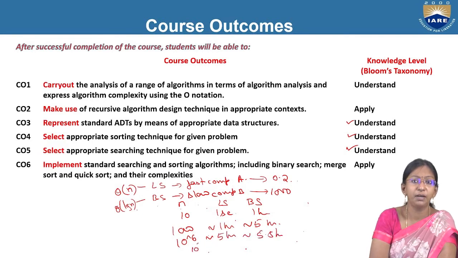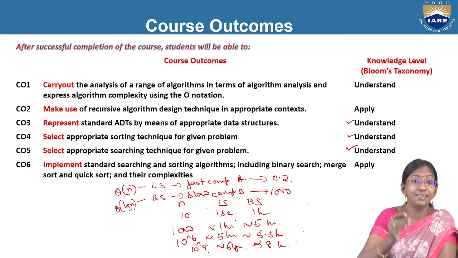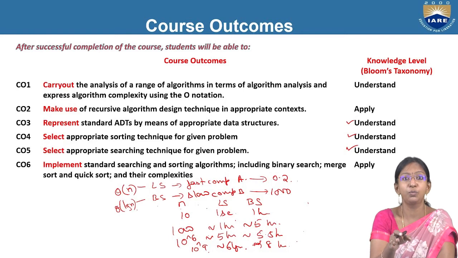If it is 10^9, this will take 6 years. This will take 8 years roughly. So have a look. As the size of the input rises, linear search, even though it is working on a fast computer, its execution time is very high, whereas binary search execution time is very, very less.